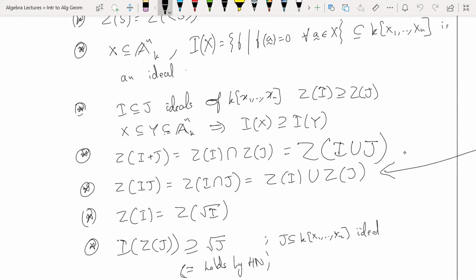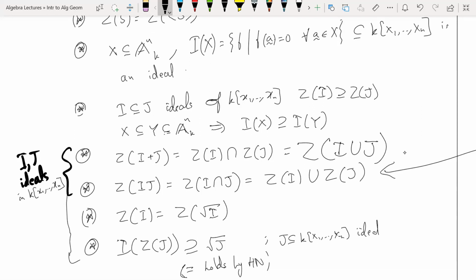And then we saw the zero set of I times J for two ideals I and J in some polynomial ring k[x1, ..., xn].